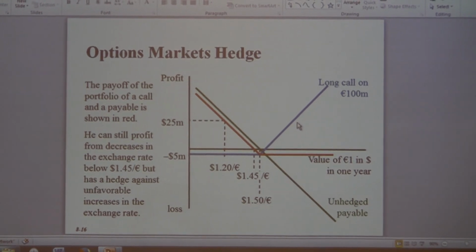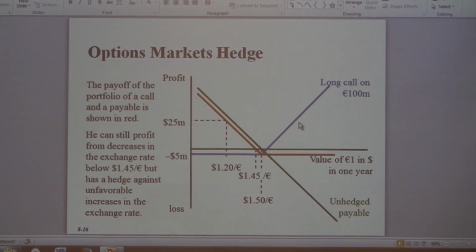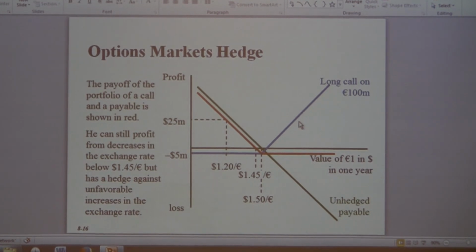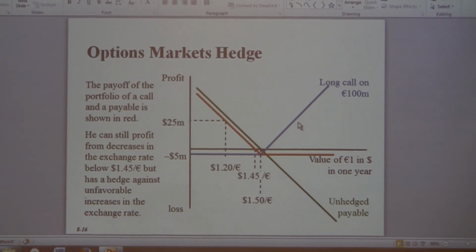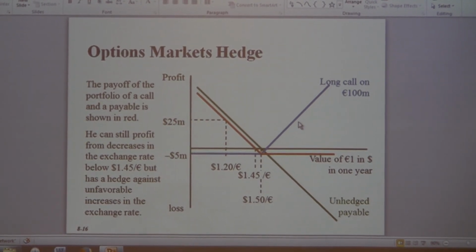What the question says here is that the cost of the option is going to be the 100 million multiplied by 5 by 100. Okay? So they pay $5 million for the call option. I think the numbers for the previous slide showed you that.